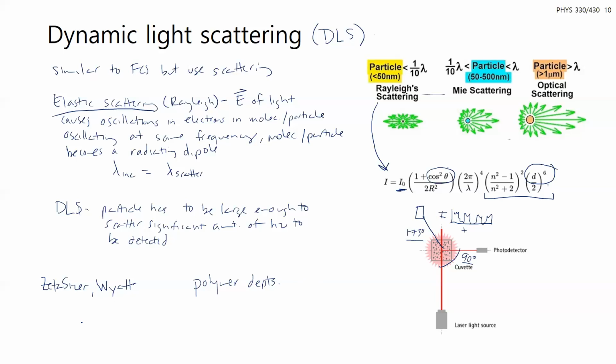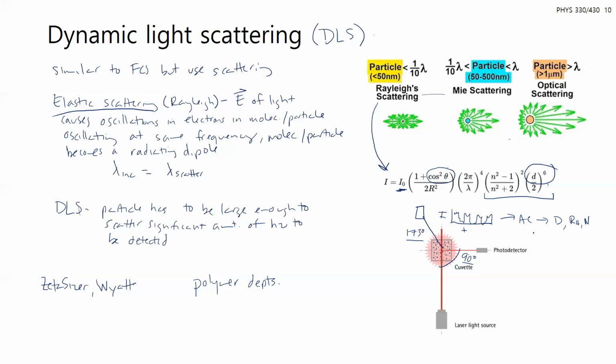You usually have to put in inputs of refractive indices or the viscosity, and it'll spit out the particle size, or the hydrodynamic radius that you're looking for. It does use math that's slightly different from the FCS equations, but it effectively does something similar, going from intensity and autocorrelation to diffusion coefficient or size and the like.